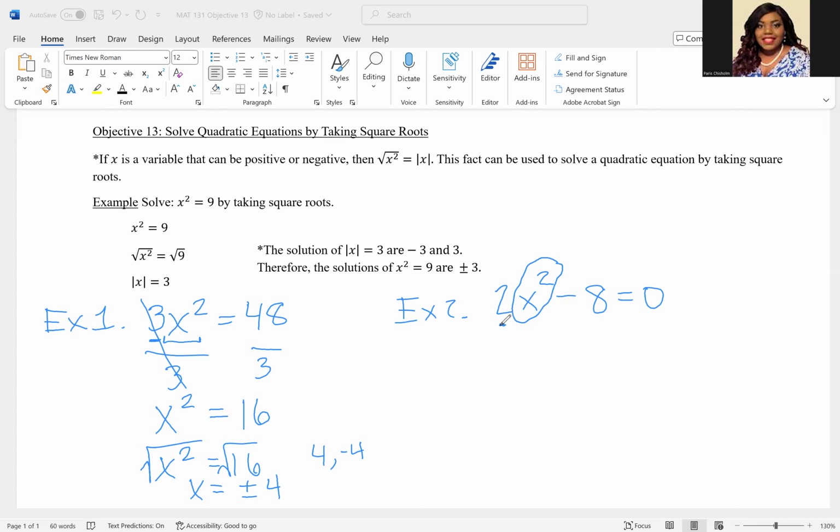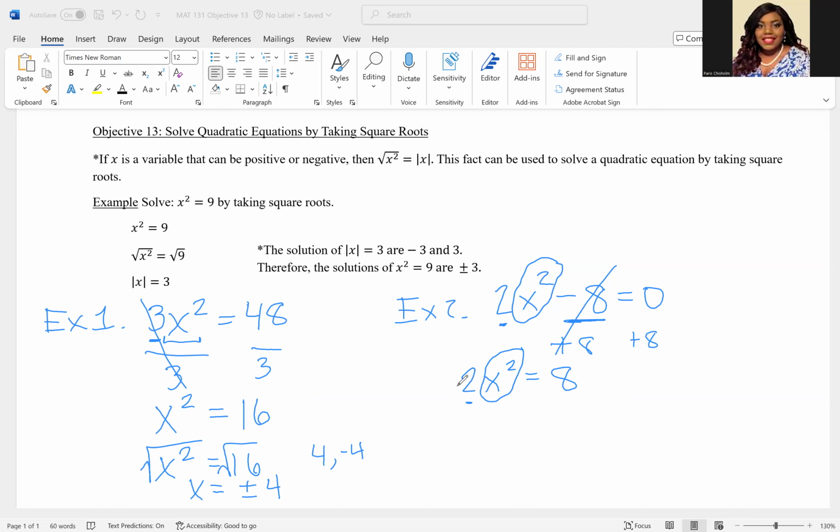So that means that we need to move this 2 here and this negative 8 here, okay? First, we're going to have to move this negative 8. This negative 8 is being subtracted, so we're going to have to add 8 to both sides. So we're going to have 2x squared equals 8, okay? Now, we still want to get the x squared by itself.